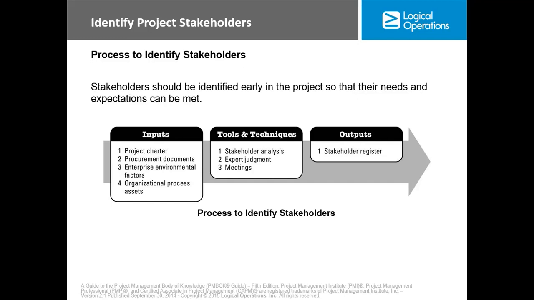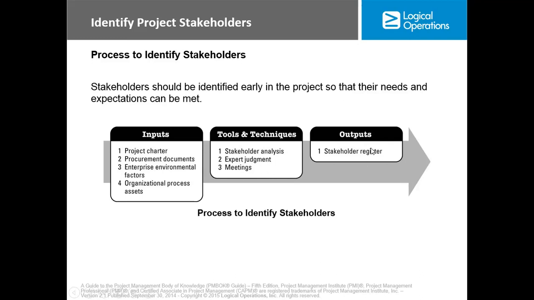The inputs to the identify stakeholders process include the project charter, procurement documents, enterprise environmental factors, and organizational process assets. Now, the tools and techniques include stakeholders analysis, expert judgment, and meetings.